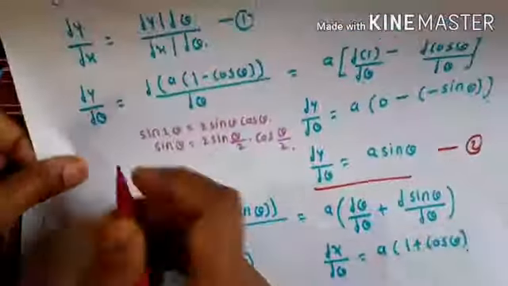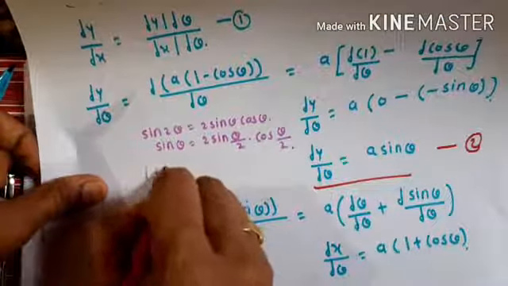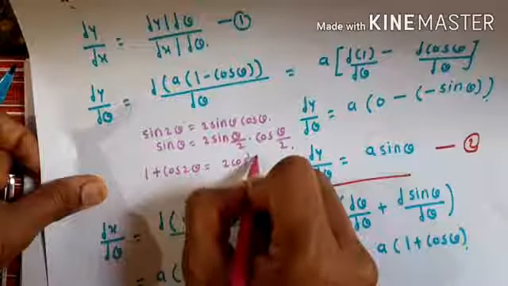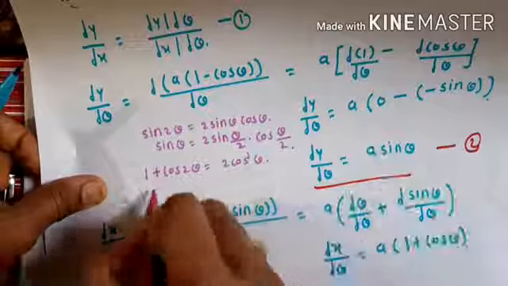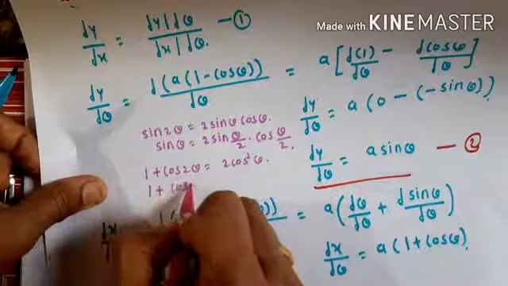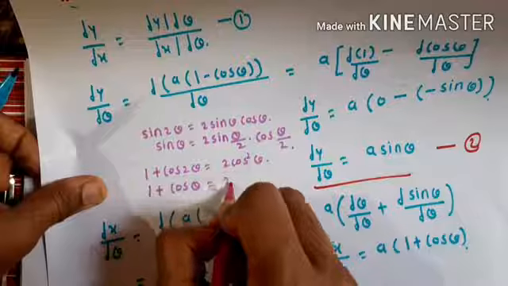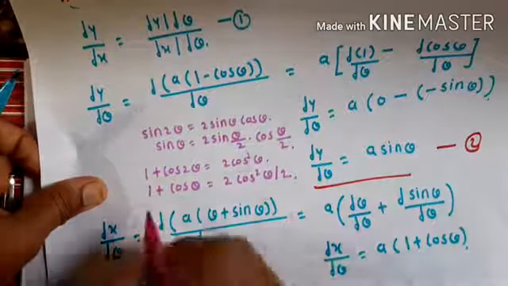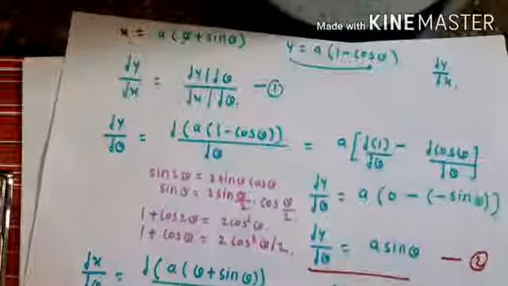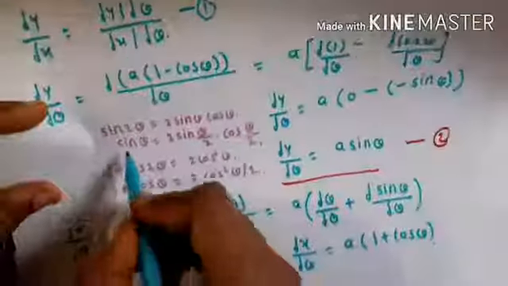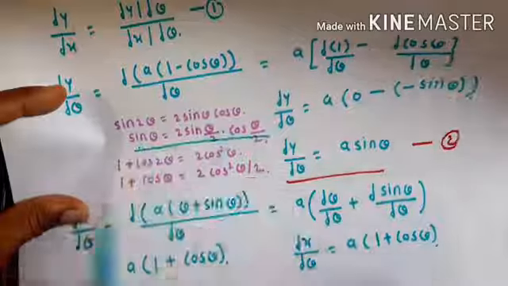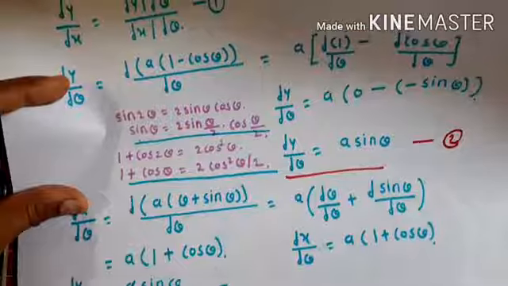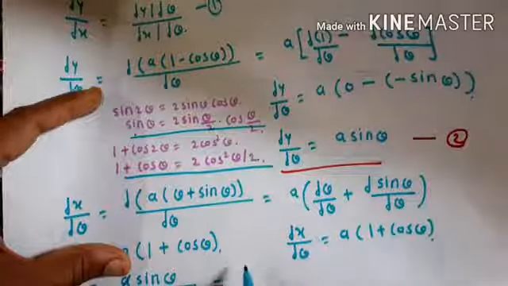Similarly, 1 plus cos of 2 theta equal to 2 cos square theta. Similarly, 1 plus cos of theta is 2 cos square theta by 2, the half angle formula. By using this formula, that is sin theta equal to 2 sin theta by 2 into cos of theta by 2, and 1 plus cos theta is 2 cos square theta by 2, we can simplify.